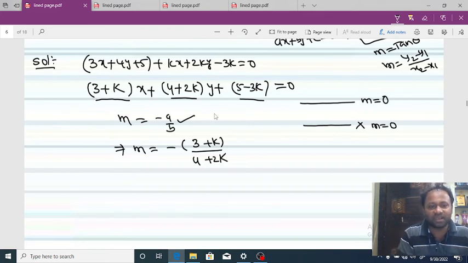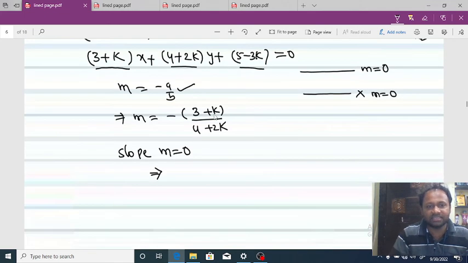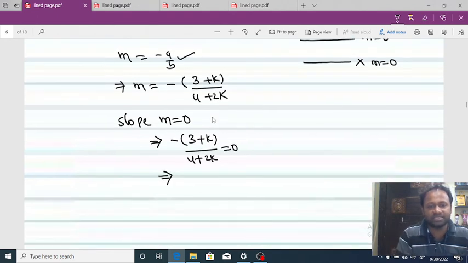Okay, so we can write clearly slope m is equal to 0. M is equal to 0 means I will write like this, minus of 3 plus k divided by 4 plus 2k is equal to 0. That implies what we get, minus of minus will become 0 and this will become 0.